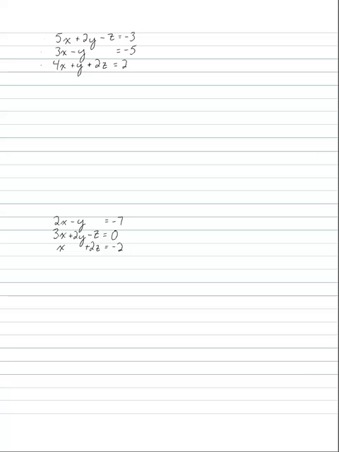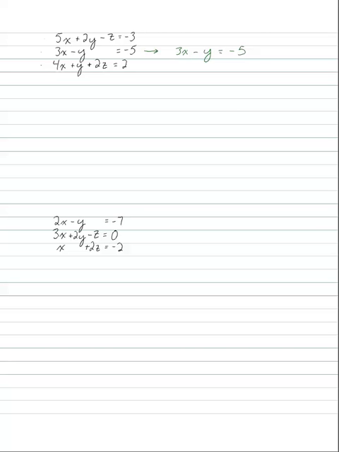Okay, so if I work through this, it looks a little weird, but we already have an equation with just 2 variables. And last time, we were trying to find equations with 2 variables. So actually, this should be easier. We're only going to have to find one equation with 2 variables because we were given another one. So the one equation we have with 2 variables is 3x minus y equals negative 5.